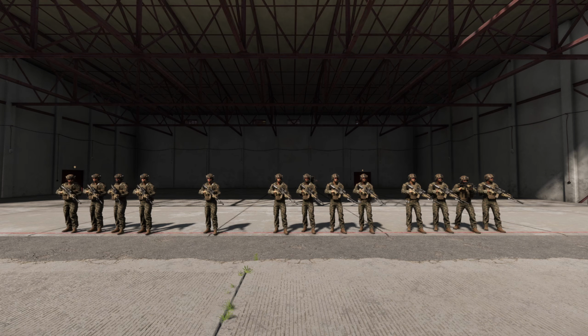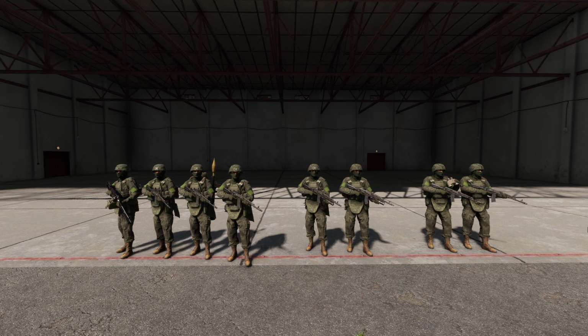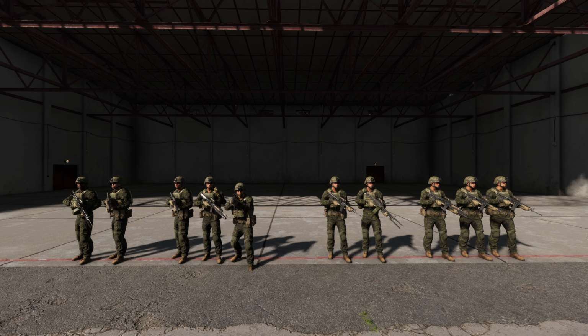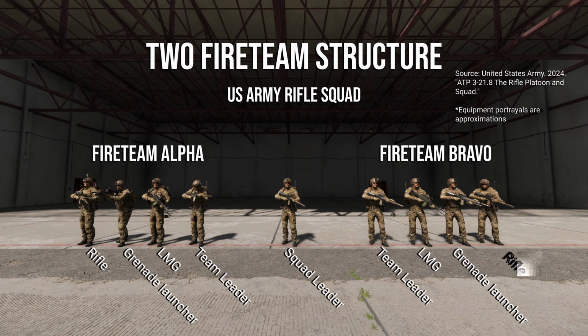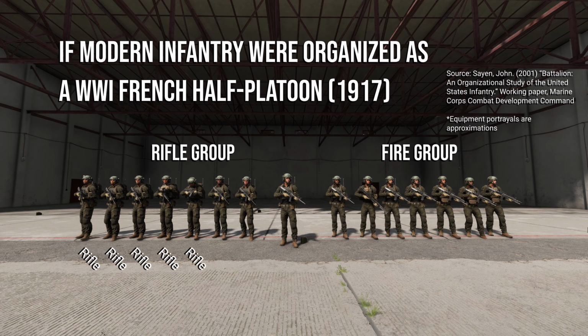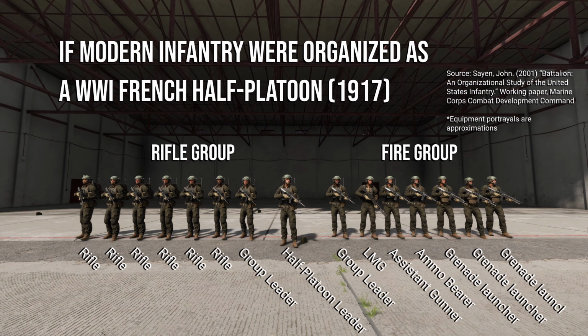The primary distinction among various squad organization methods is the number of fire teams each squad has. By far the most common way to set up a squad is by dividing it into 2 fire teams, as the US Army does. This allows the squad to have various tactical options like bounding, flanking, or having a guard element, while remaining easy to control. And this is the OG method that was developed during World War I to enable the squad to conduct self-contained fire and movement.